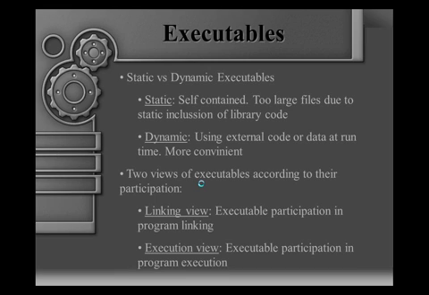For example, large files due to the static inclusion of library code, that is your self-contained. Next, dynamic, using external code or data at runtime, that is it uses external code or data at runtime, that is your dynamic executable. That is a more convenient way to use.